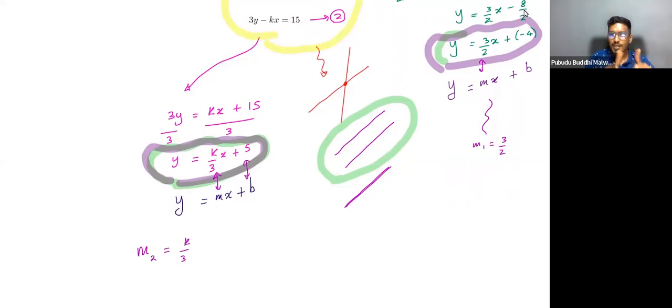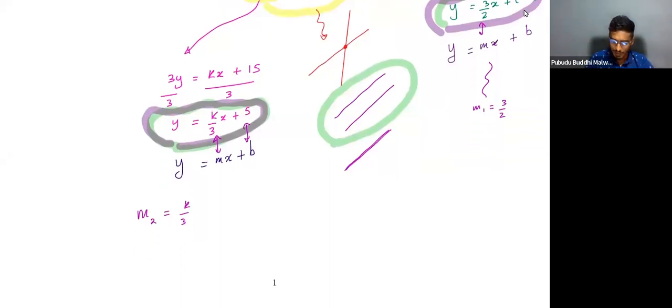Because if m1 equals m2, what will happen? Then we will have two parallel lines. Basically, that's what we need. m1 equals m2, then we are talking about a case like this. So basically no solutions. Why? Because no intersection points.